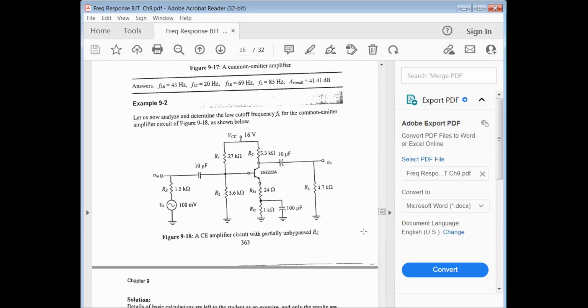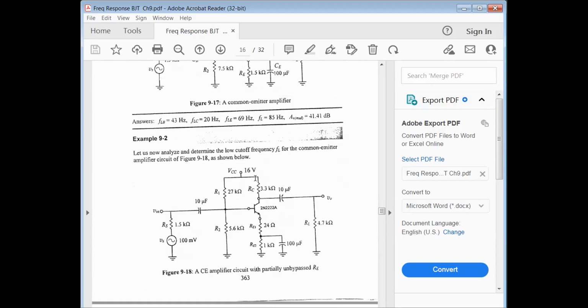Look at example 9.2, because that's an example of not having all of your emitter resistance bypassed. That's going to affect your FLE and thus your F sub L, but it will also affect your gain. It will make your gain less.